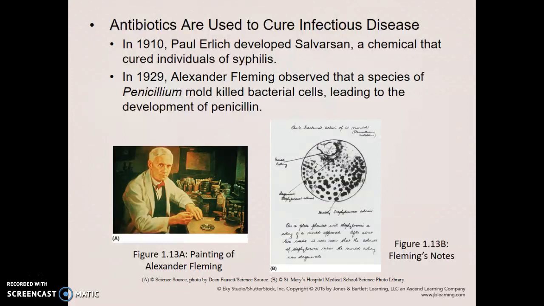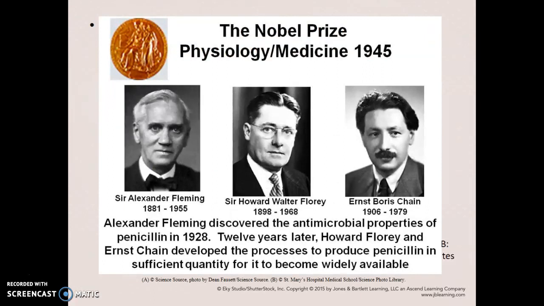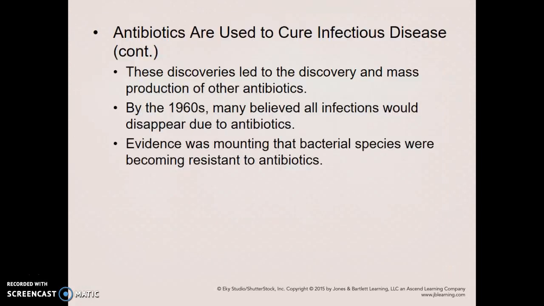And so he was able to use that, and along with two colleagues, Howard Florey and Ernest Chain, they were able to purify penicillin for use in the 1940s. And they won the Nobel Peace Prize in 1945 for this. So this drug was a lifesaver.